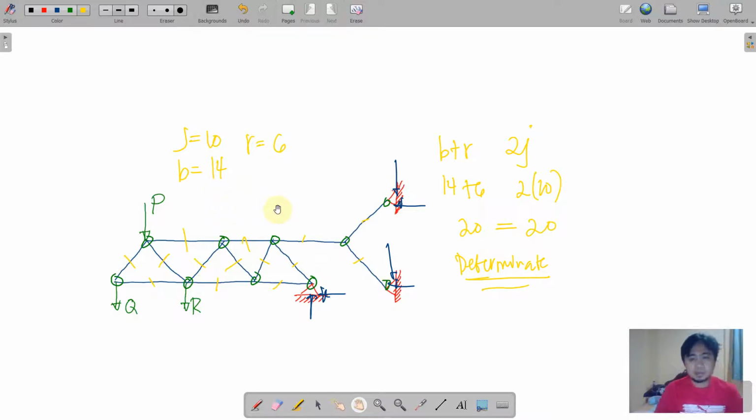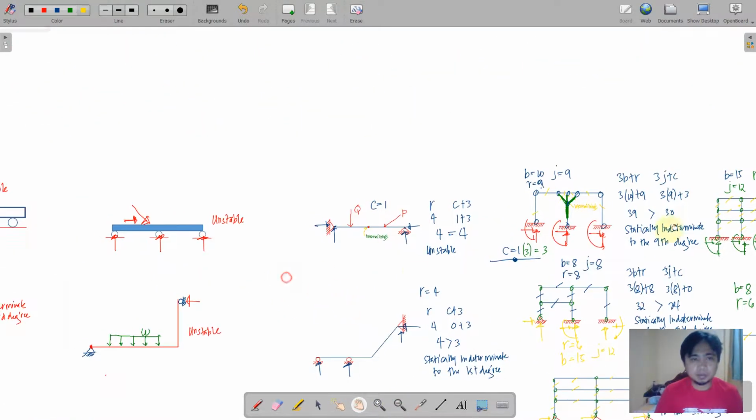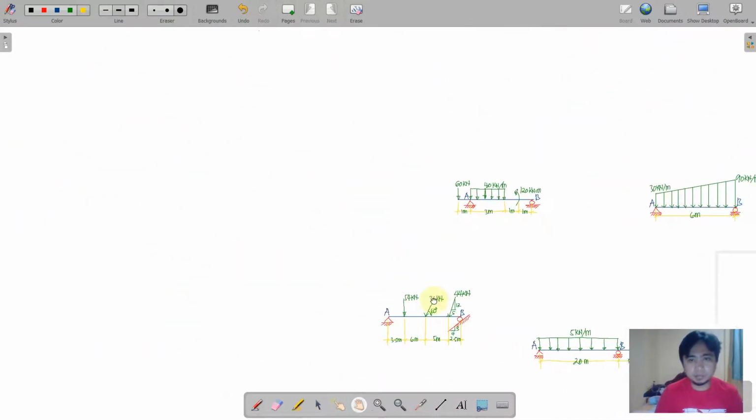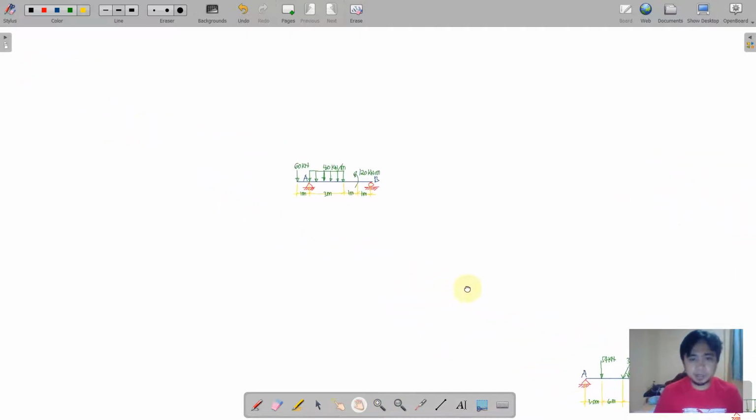So we will now move to calculate the reactions of the beam. Okay. So we'll start with this problem.